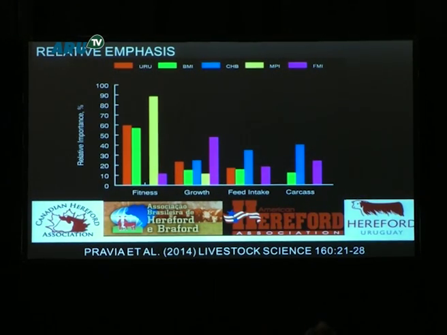Carcass weight itself I've called a growth trait. But those two indexes are very, very similar to each other. I would submit you could use the Uruguayan index to evaluate cattle in the U.S., or conversely, you could use the U.S. index to evaluate cattle in Uruguay, and you'd end up in very much the same place.